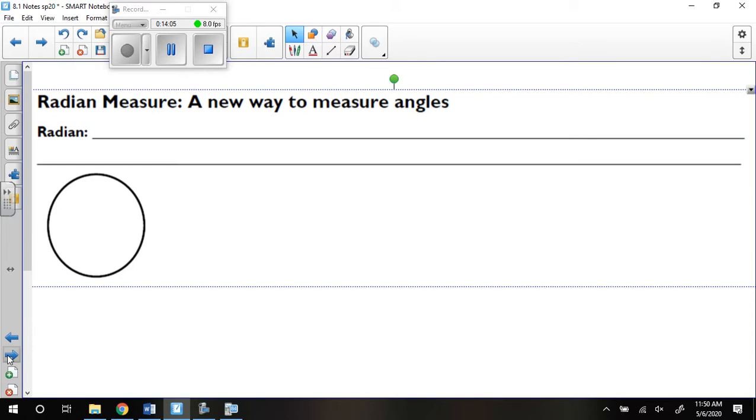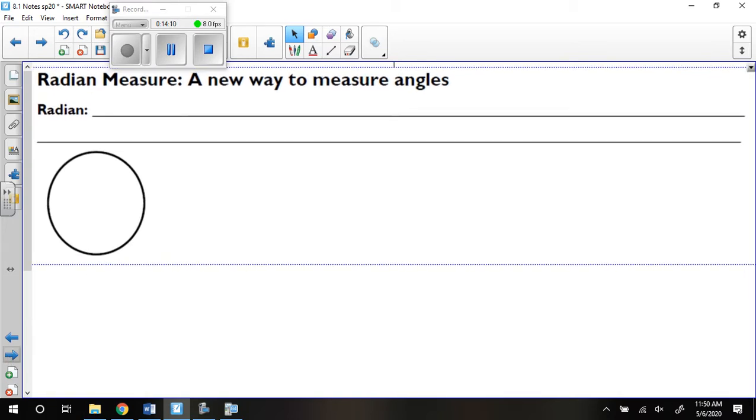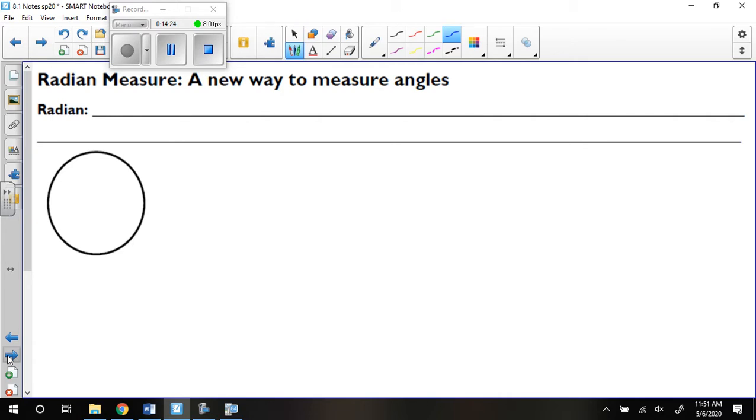All right, so we need to talk about a new way to measure angles. What we've been used to is degrees. You know, 30 degrees, 45 degrees, that's how we measure angles. Well, now we're going to talk about how to measure angles in radians.